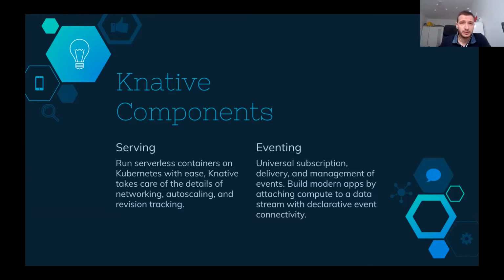For Knative eventing, the objects control how events are exchanged between Knative services. It also provides a universal model for subscription, delivery, and management of events in, for example, an event-driven architecture. Thanks to that, you may build a modern application architecture using declarative event connectivity, and you've got everything in the YAML manifest.